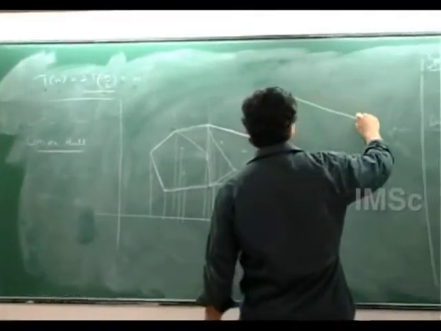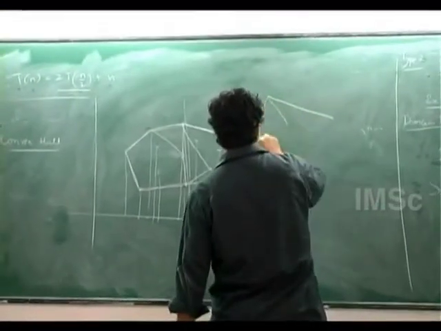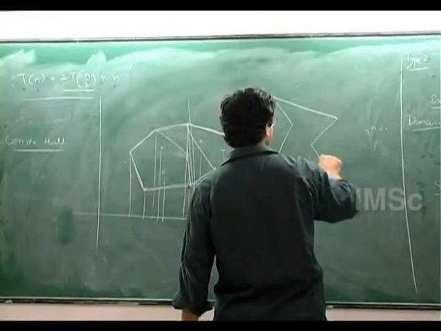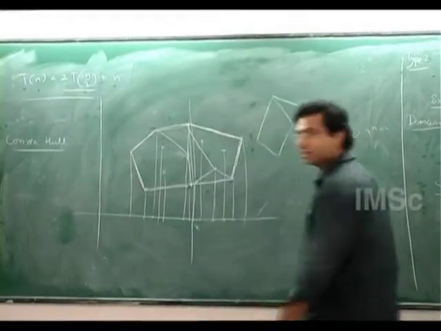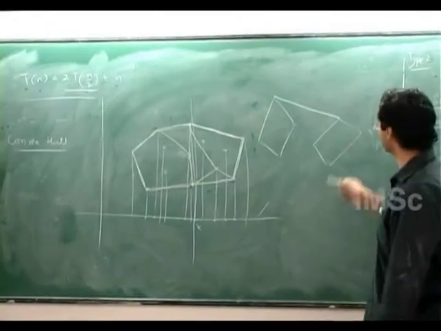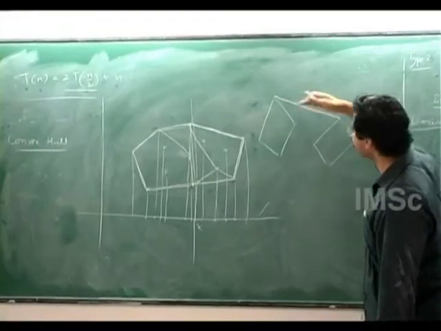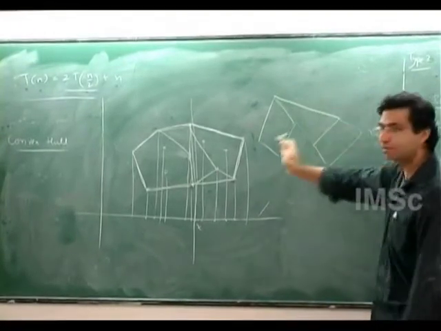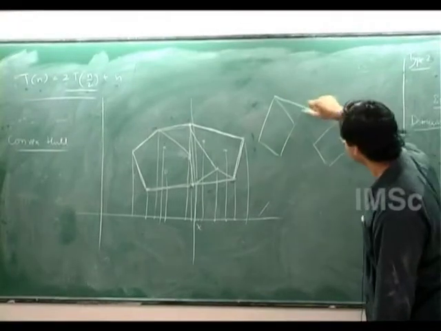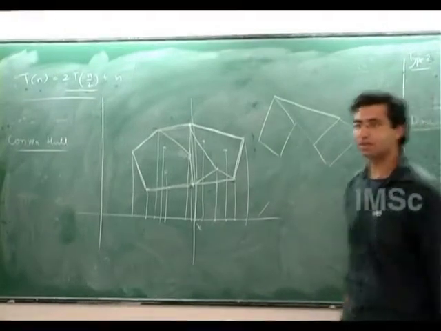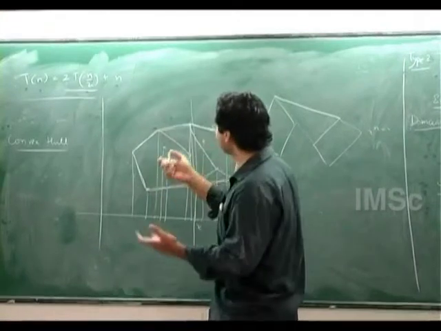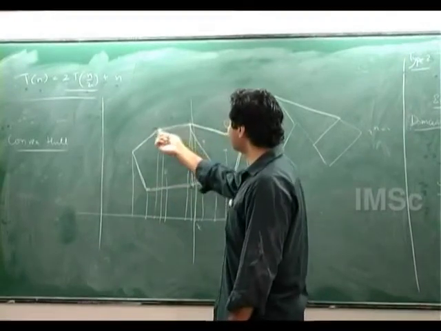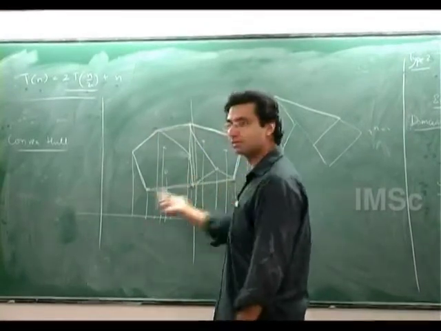So you can have that structure. Still, this is the best that you can come to. Anything below that is going to make it more inclined. Anything beyond that is going to make it more inclined. So bridge is very informal. What I want to find is a tangent connecting these two convex hulls.